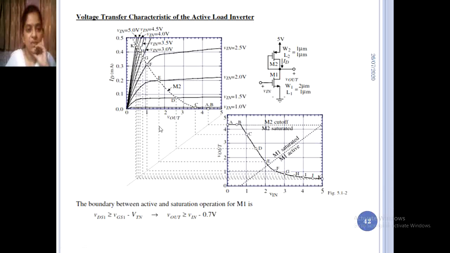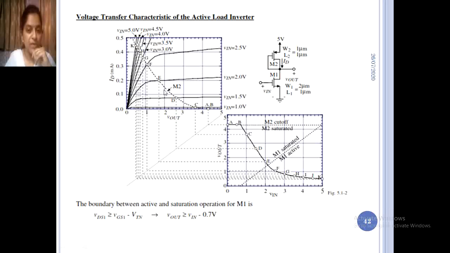See the voltage transfer characteristics of the active load inverter. This graph is ID versus Vout, for various values of the input.